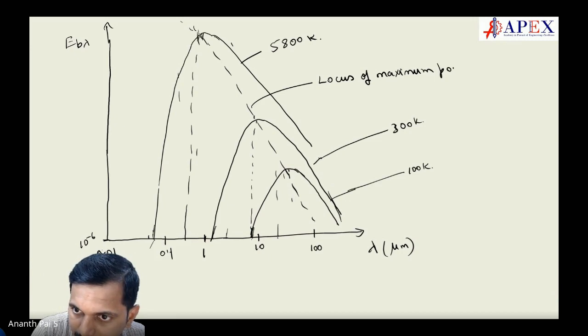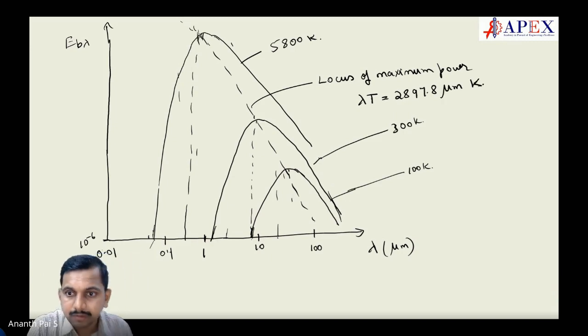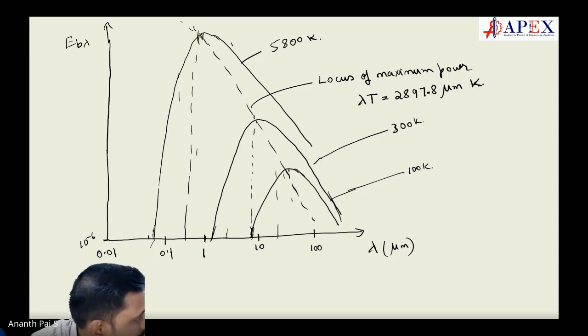Lambda into T is equal to 2897.8 micrometer Kelvin. Like that, you can know at what temperature what is the lambda.